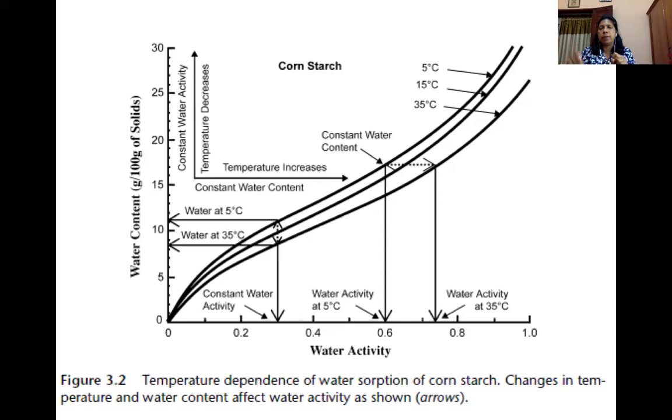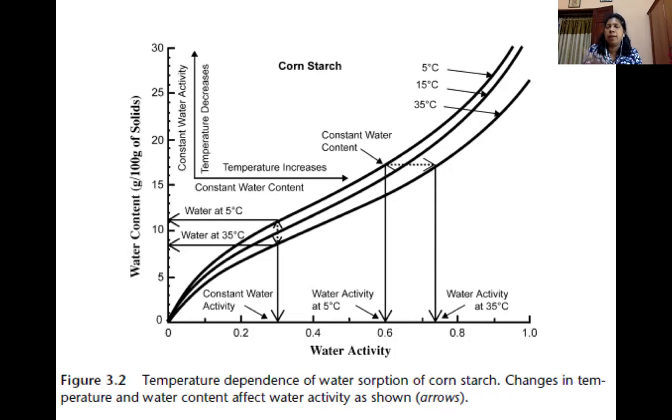Water activity is increasing when the temperature is increasing. All the time I mentioned that the highest MSI curve you can draw is at the lowest temperature, because you can see there are 3 lines, one by one, and at 35 degrees centigrade you can draw the lowest line.